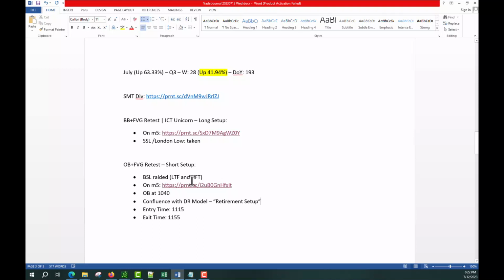Oh, so this is a very high probability setup. Pay attention to the order block and entry model right there. The target is only what? One standard deviation move from the model, right?